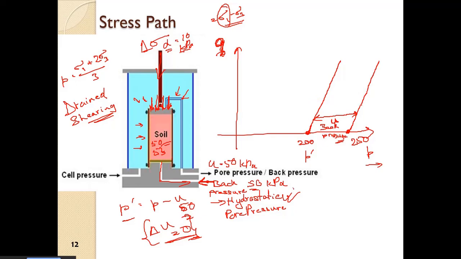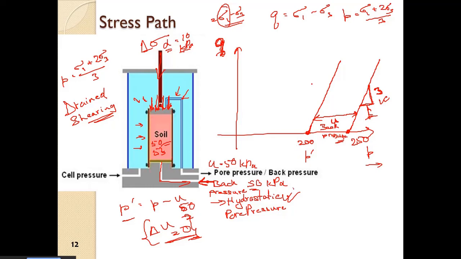Now this slope is 1:3 always, right? It is up to you to find out why it is 1:3 always; it is because of the way we represent Q and P. So this slope is always 1:3, and this is the drained stress path.